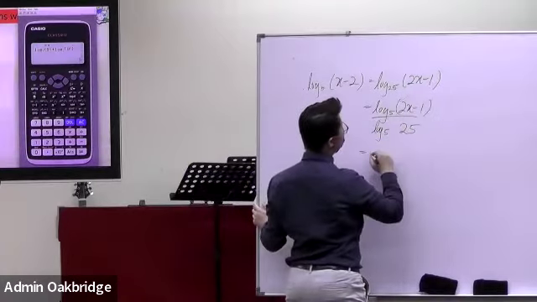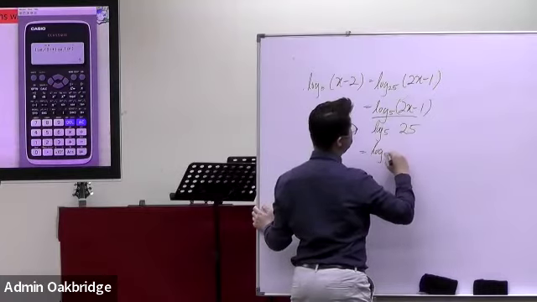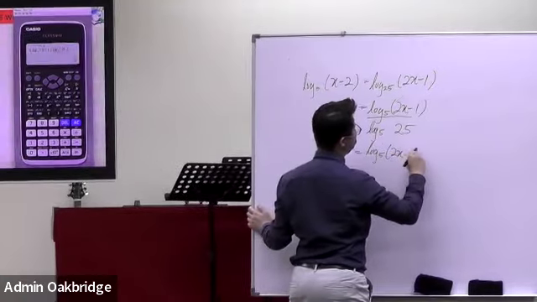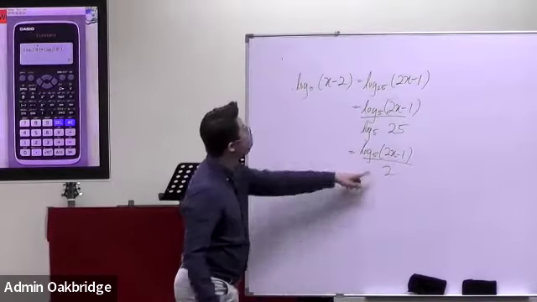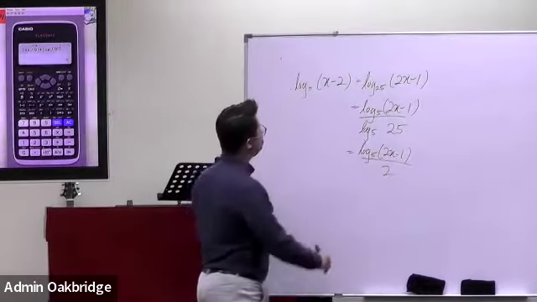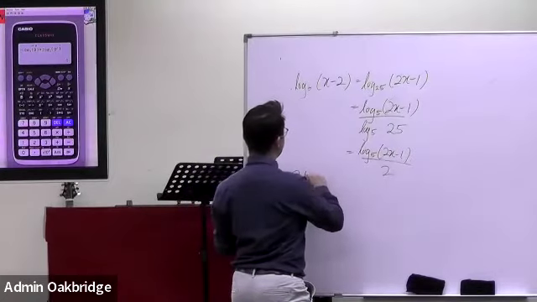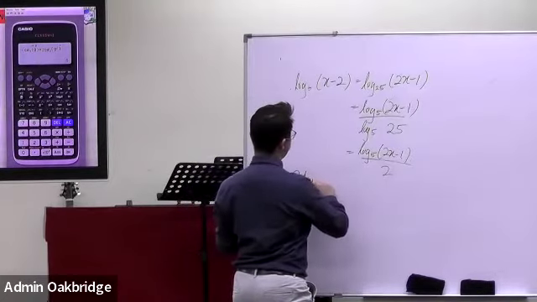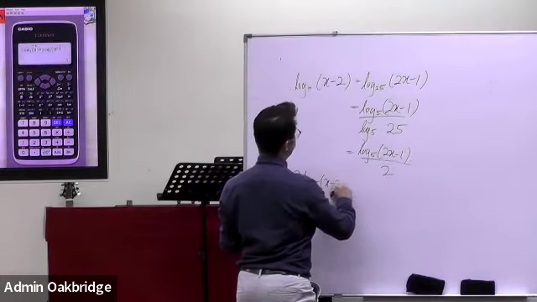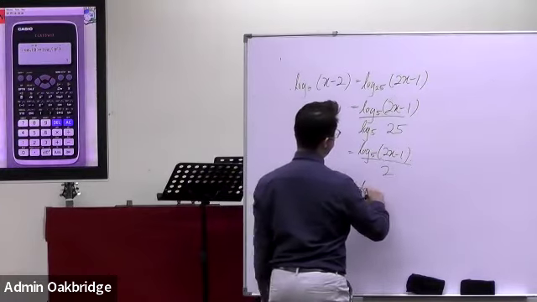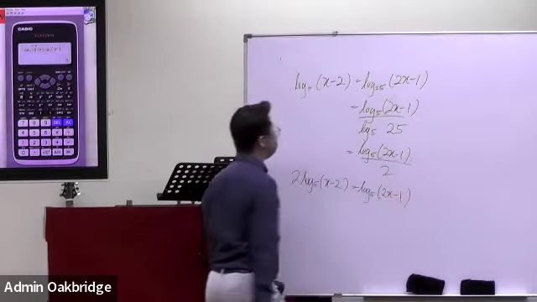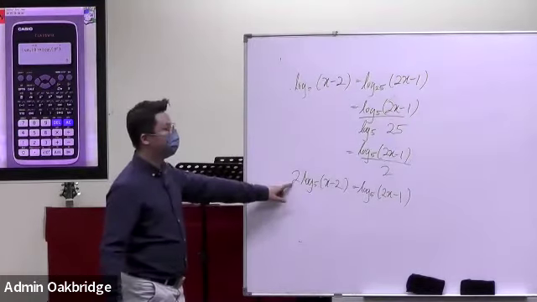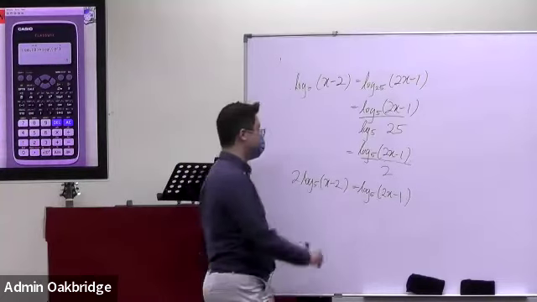Okay. Then from here, you have these two. Okay. And then you move the 2 to here. It becomes 2 log base 5 of x minus 2 equals log base 5 of 2x minus 1. Again, you see the number in front of log, you should move the 2 to the back.